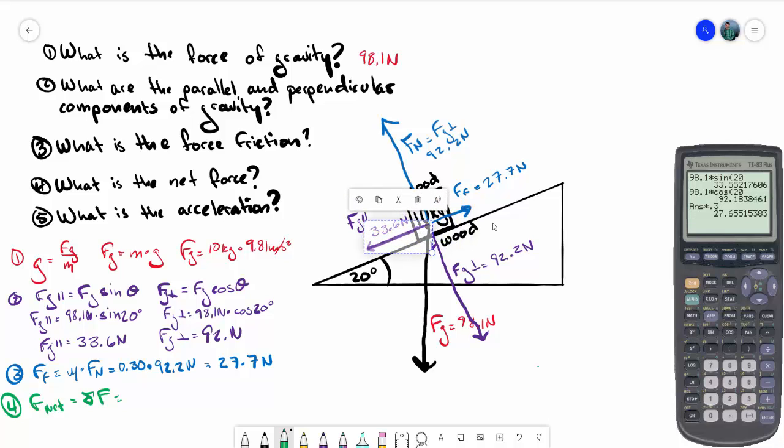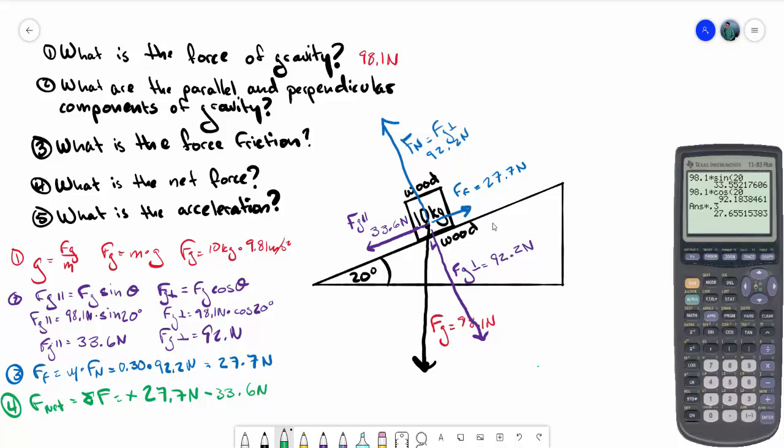So if we look at the force of gravity parallel and the force of friction, let's say that up the hill we'll just describe as positive. So we'll attribute a positive value to the force of friction, 27.7 newtons. And down the hill is a negative value, so we'll attribute a negative sign to the force of gravity parallel, which is 33.6 newtons.